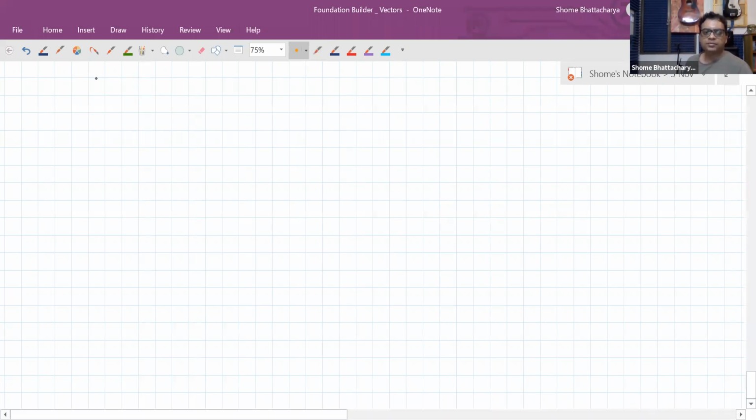So the next part of vectors we'll study is a new type of operation for us, called the dot product of vectors. This is also known as the scalar product.